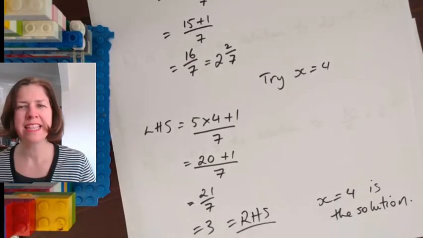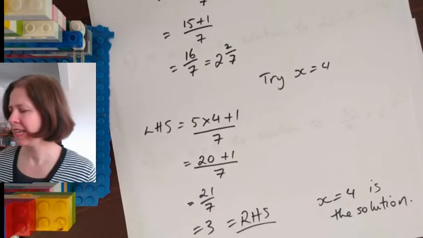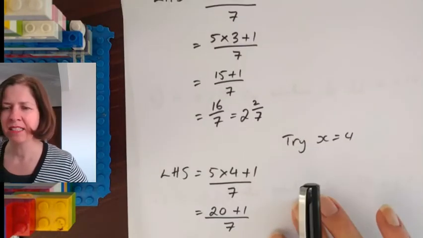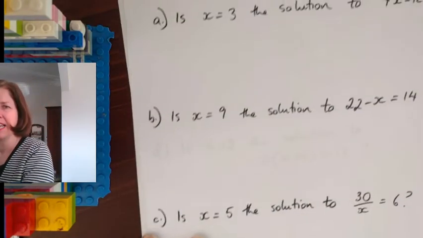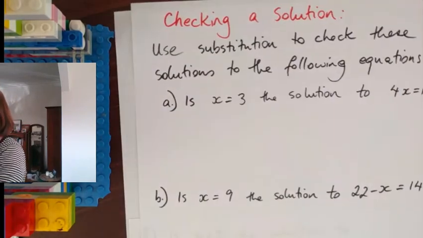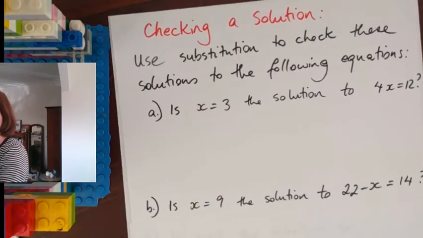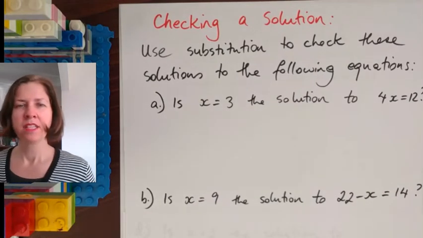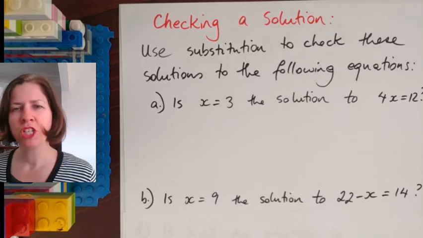Now, what I did there was a little bit of checking my answers, and I haven't really taught you properly how to do that. So that's the last thing I'm going to quickly do now, is just show you how we can check a solution. All right, so I'm going to use substitution to check that the solutions are correct.